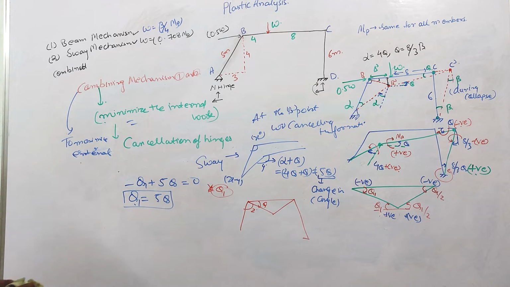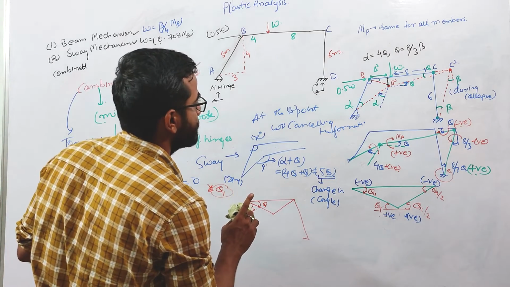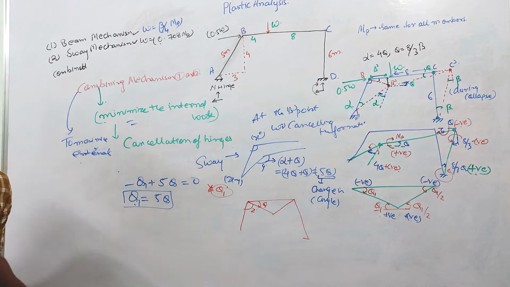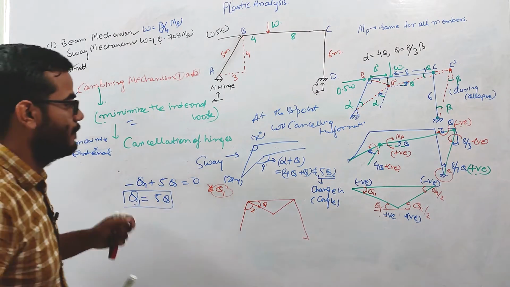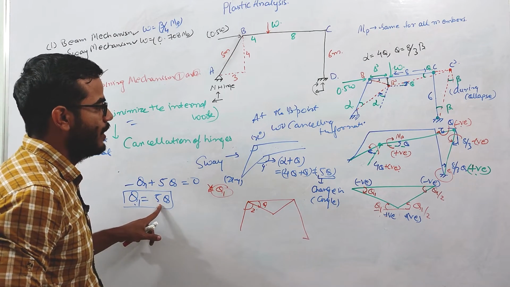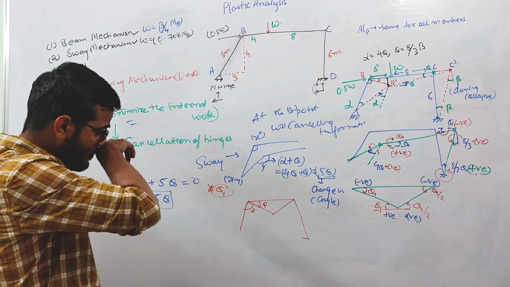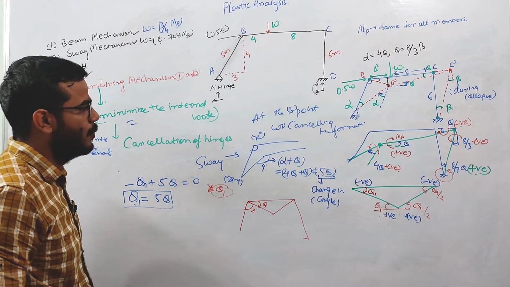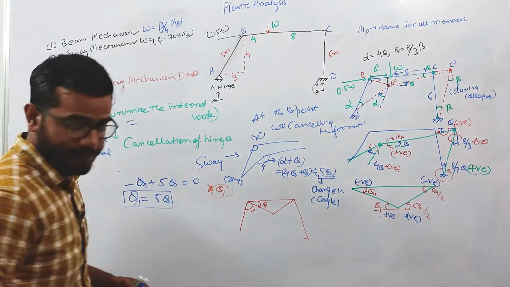So theta 1 should be equal to 5 theta. Because if theta 1 is equal to 5 theta, what will happen? Let us see.